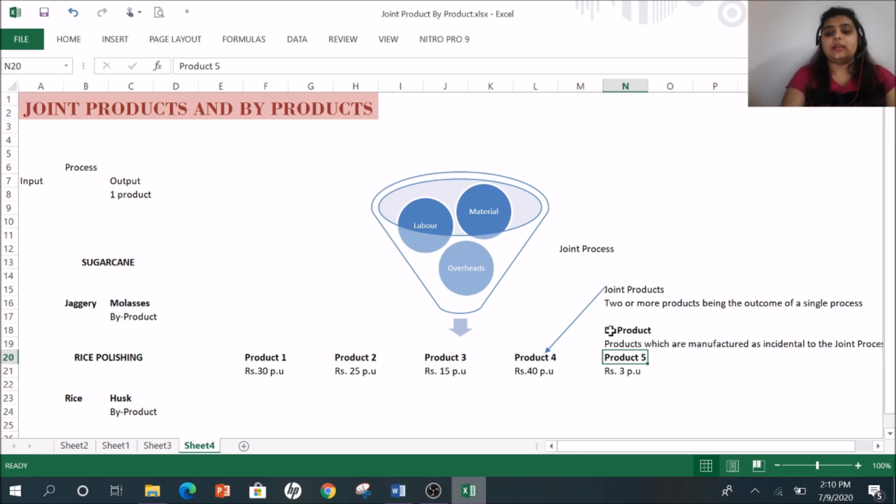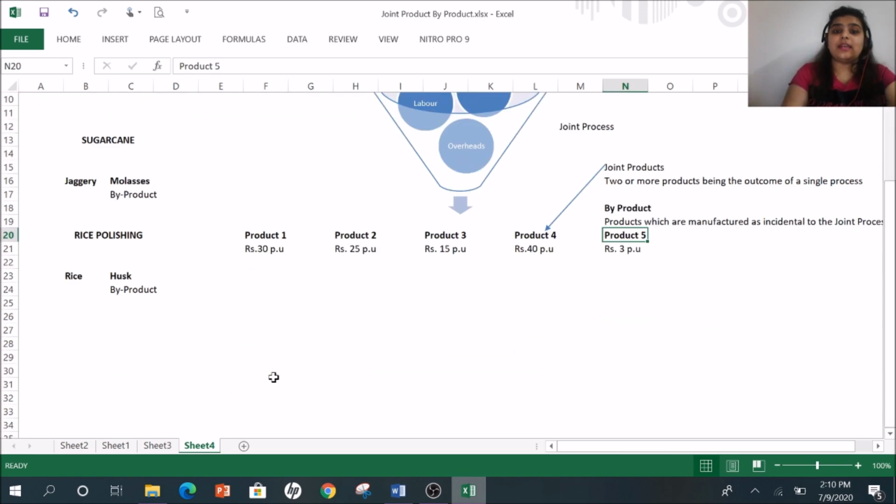Now for the time being, let us just leave byproducts aside and understand joint process first. What can be the example of joint process? The best example for joint process is the crude oil. When you extract crude oil and process it, from the crude oil you get petrol, you get diesel, you get kerosene, as well as natural gas.